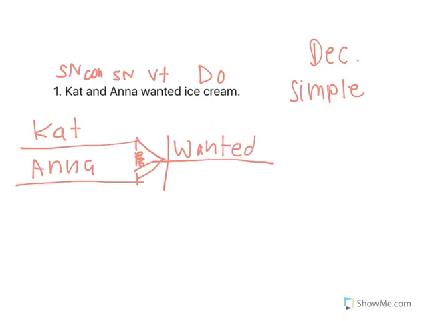Wanted is our verb, and ice cream is our direct object. So we see why this is not a compound sentence. It's because, yes, it has two subjects, Kat and Anna, but it's not two independent clauses joined together by a comma and a coordinating conjunction.